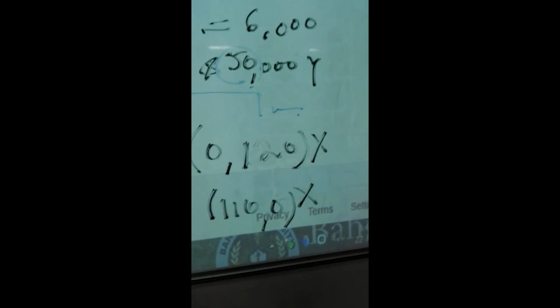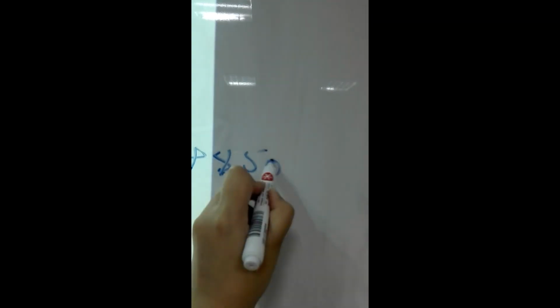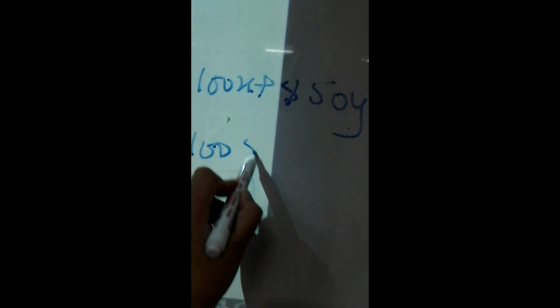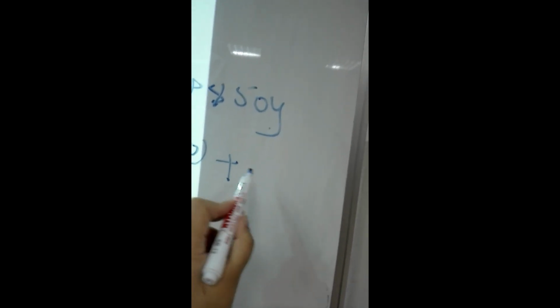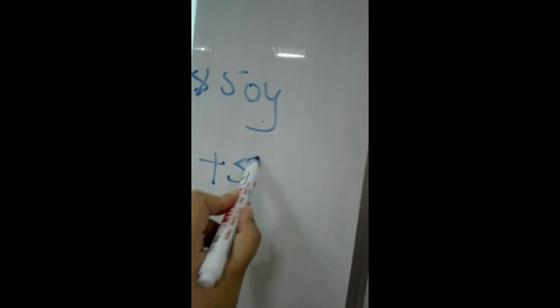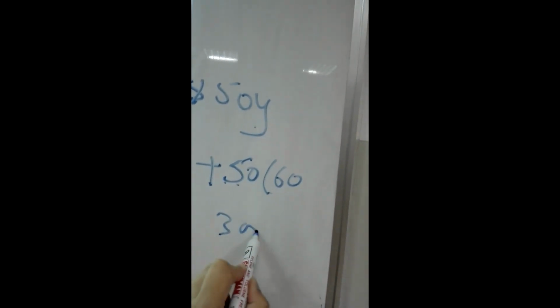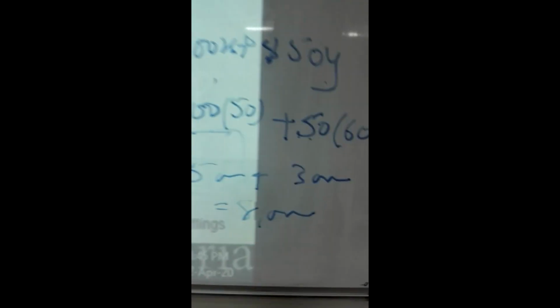So now you can independently place values in the profit function, and in this case the profit function would be $100x plus $50y. If I put the values 50 and 60, then $100 into 50 gives us 5,000, plus 50 into 60 gives us 3,000. Net would be 8,000 in this case.